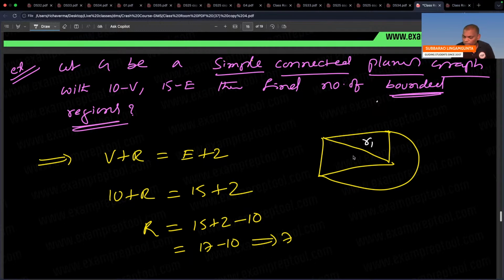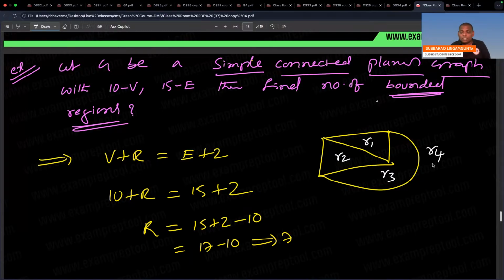It is one region, one more region, one more region, 3 regions, but outside is one more region, so 4 regions. Out of those regions, one region is the outside region.